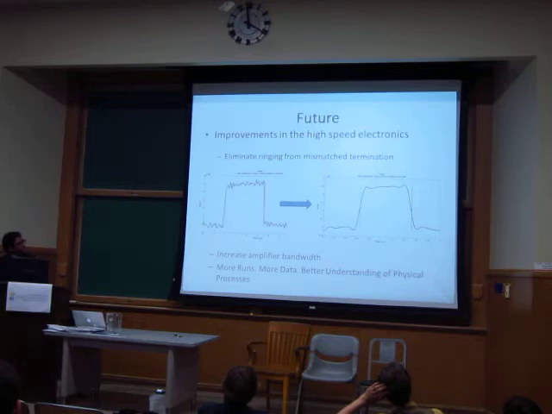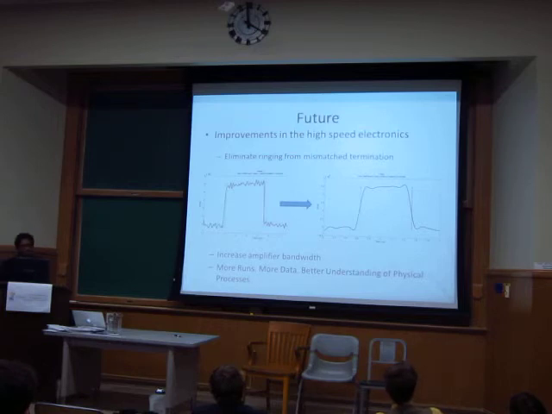What I'm working on now and for the future is to get better resolution with the amplifier. As you notice, the data was bumpy and ringy, which is a problem always. Electronics is always a problem. There was some mismatched termination in the fridge, and we solved that, and we have smoother curves now. We can get better data using that.